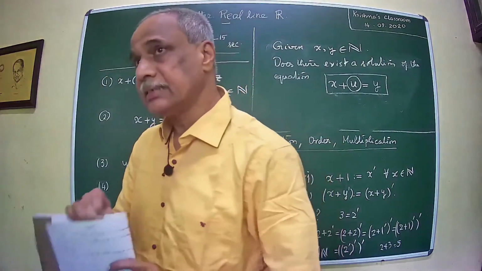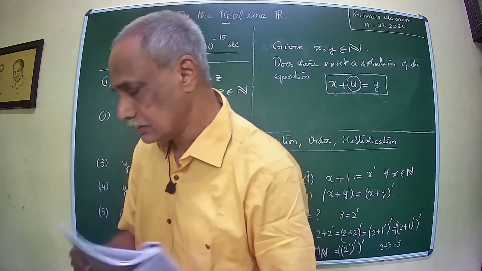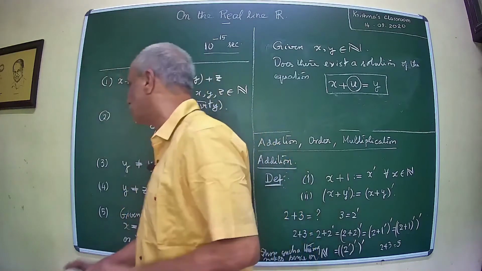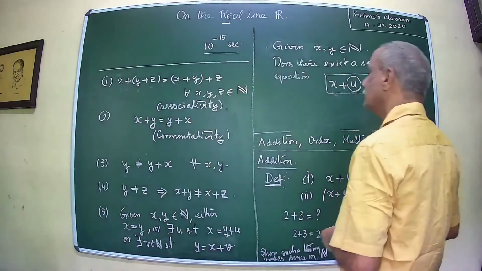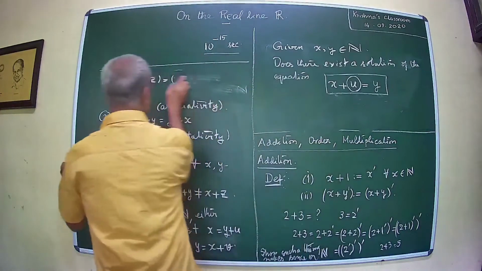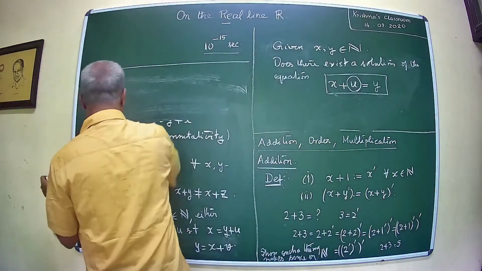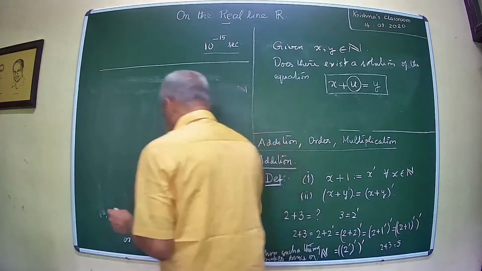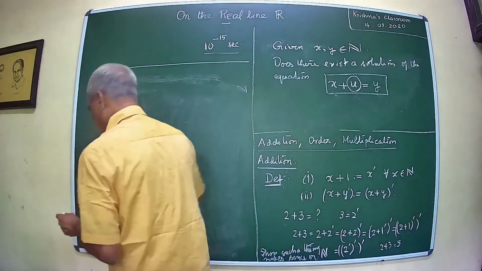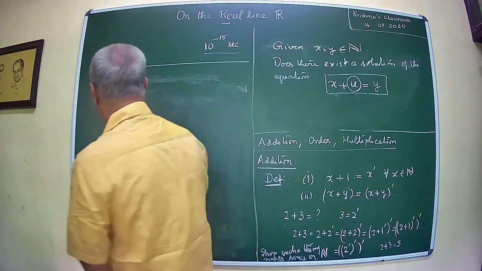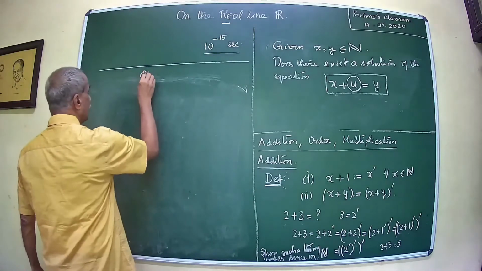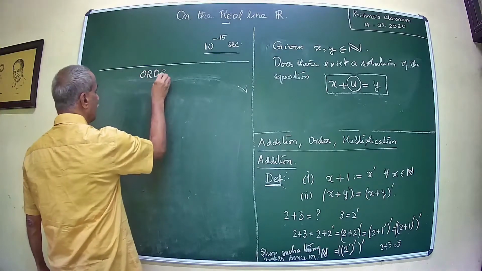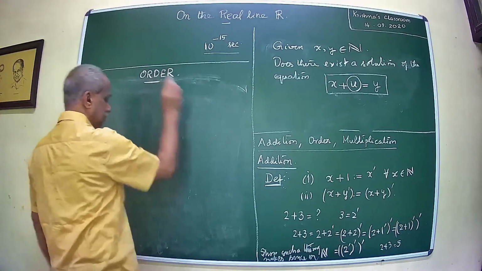Okay, that gives us a new structure. So we introduce the next structure. So this is the addition. The next structure is what you call order structure.